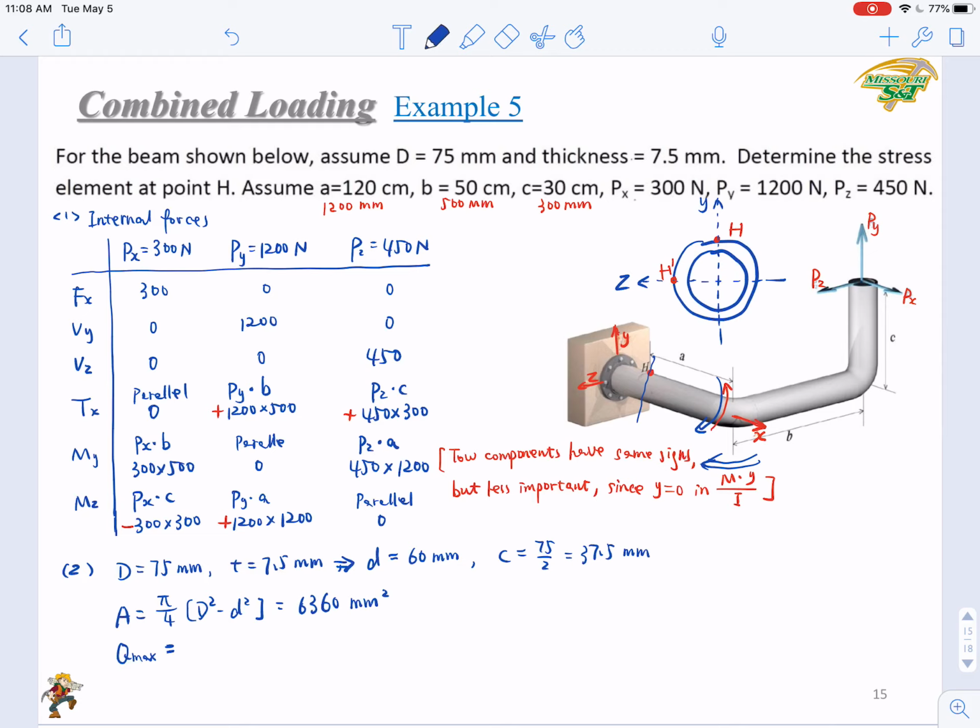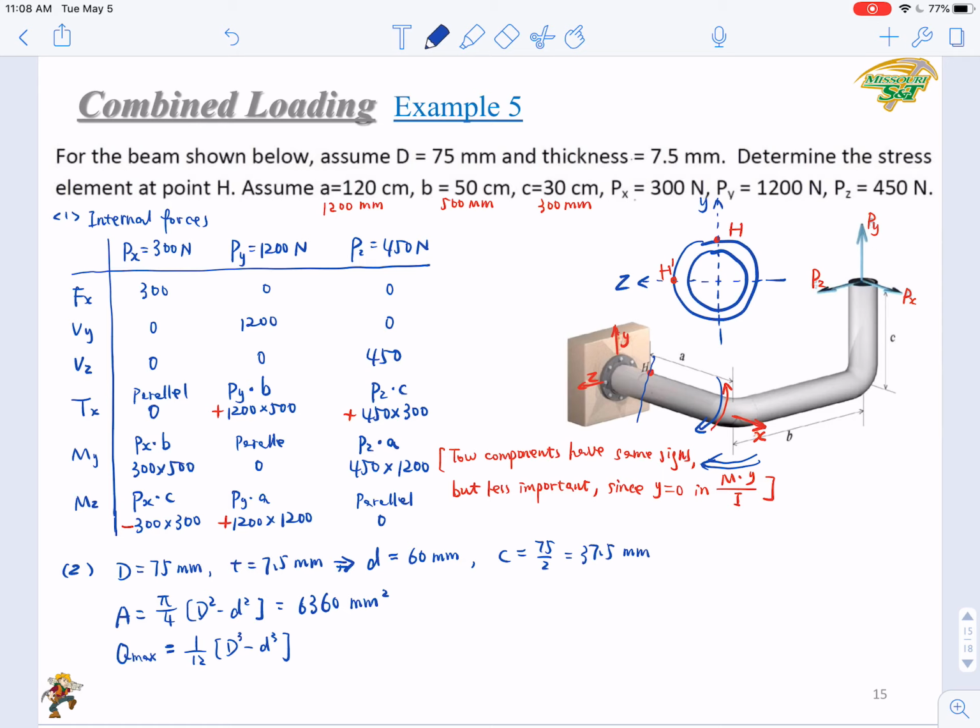The Q max for a circular cross section will be 1 over 12 times D cubed minus d cubed. We have this equation provided in the slides of chapter 7.